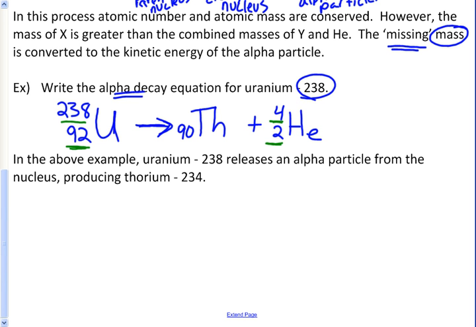So we just subtract that. 238 minus 4 is going to be 234. Now when I say that the top number and the bottom number need to be conserved, 234 plus 4 is 238, so that works out. Because we lost four things in the nucleus.